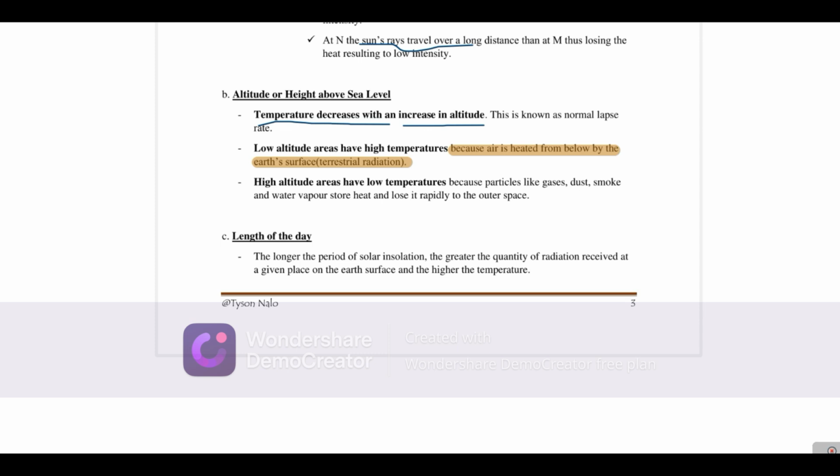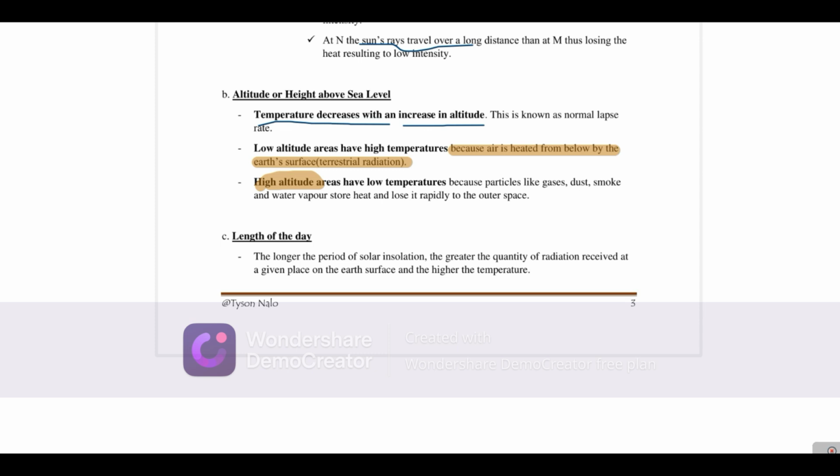Number 3, high altitude areas have low temperatures. And we are saying that because, when we talk about high altitude areas, we are referring to highlands. And with this statement, we are supposed to give the reason why there is low temperature in high altitude areas.